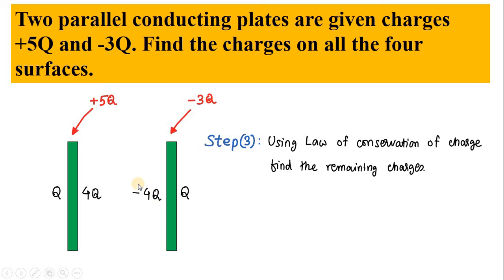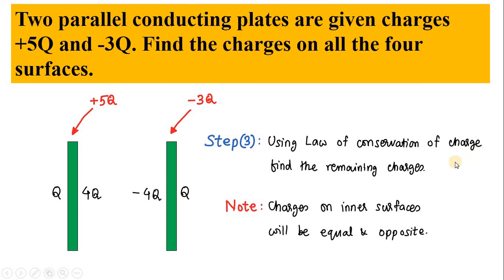Therefore, minus 4q charge must appear on the left surface of the second plate, so that minus 4q plus q would be minus 3q. We can verify again that the total charge on the two surfaces of the second plate, if we add them together, is the same answer, minus 3q. That means initial charge is equal to final charge. That is the law of conservation of charge.